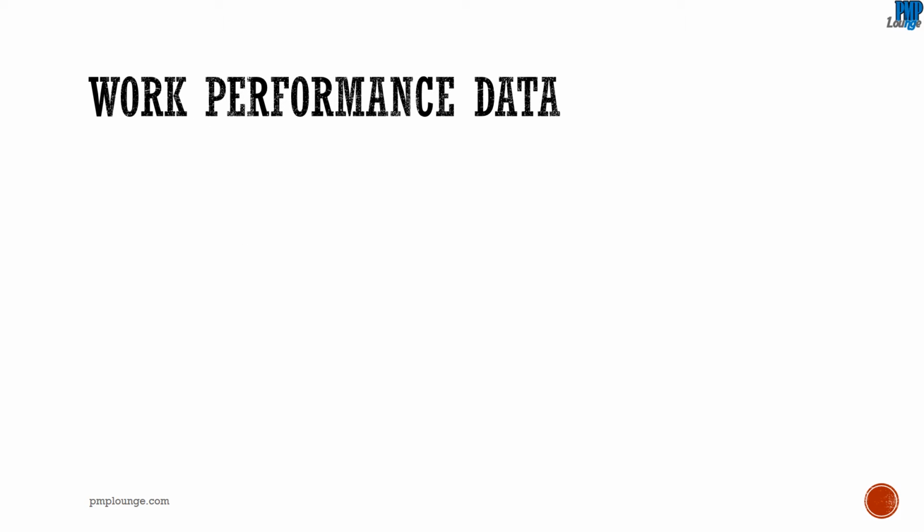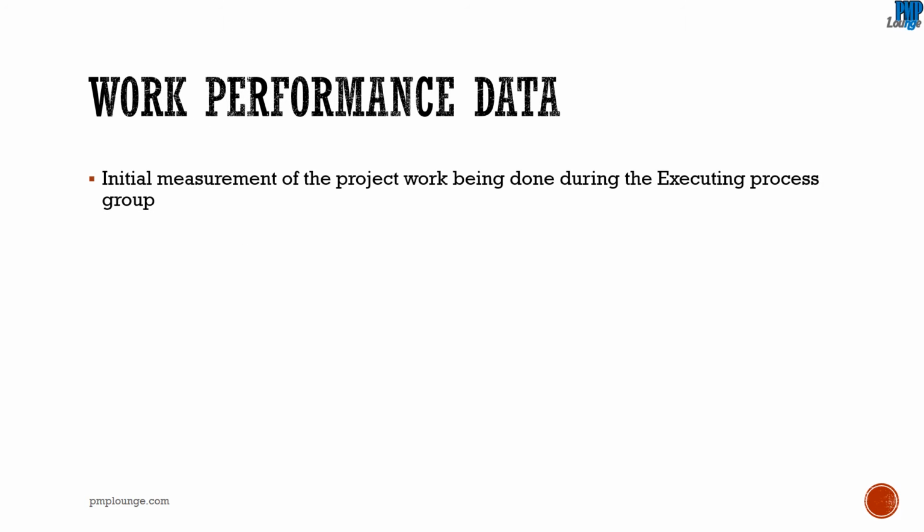Work performance data. So this is basically a measurement of the project work being done in the executing process group. The executing process group is where the actual project work is being done. So to quantify how much of that work is already done is where work performance data comes in.